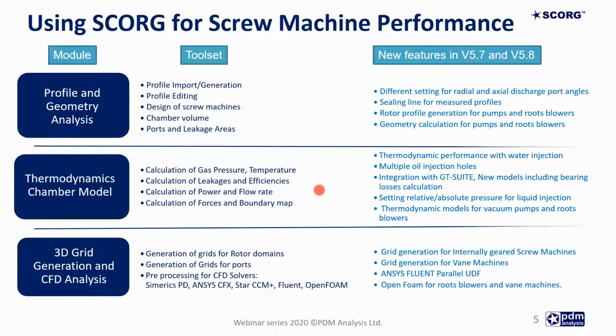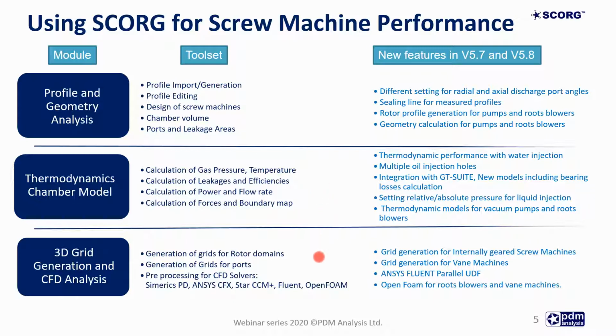The thermodynamic chamber model could be run internally in SCORG or by some other software, in this case GT Suite, so it could be either an internal or external thermodynamic model to calculate gas pressure and temperature, leakages, power, flow rates, forces, and obviously boundary maps that are later used for CFD analysis and finite element analysis of the machines.